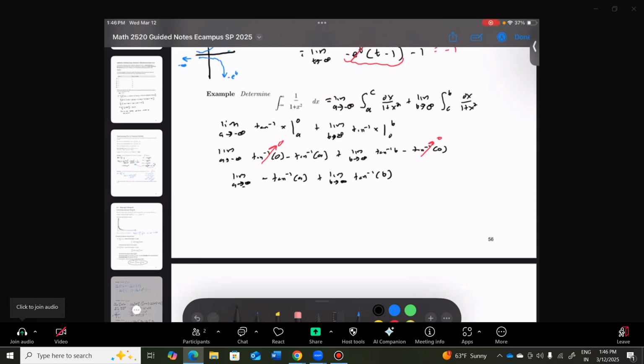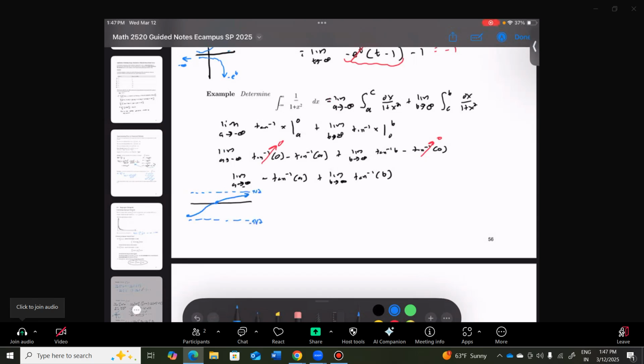Right, so the graph of inverse tangent looks like this, going from negative pi over 2 to pi over 2.